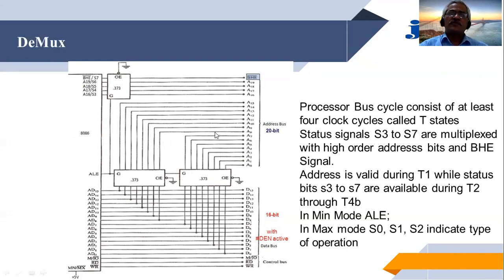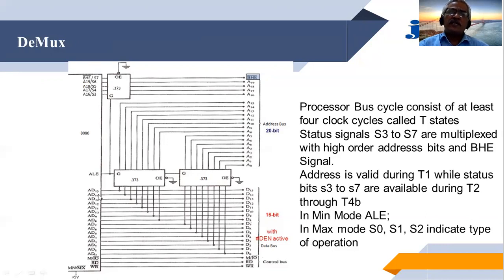It is also worth mentioning here that the processor bus cycle consists of at least 4 clock cycles, also called T states. So a bus cycle consists of at least 4 clock cycles. You can count them as T1, T2, T3 and T4, these 4 clock cycles or T states.